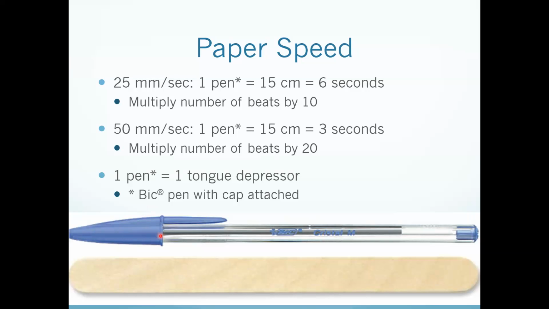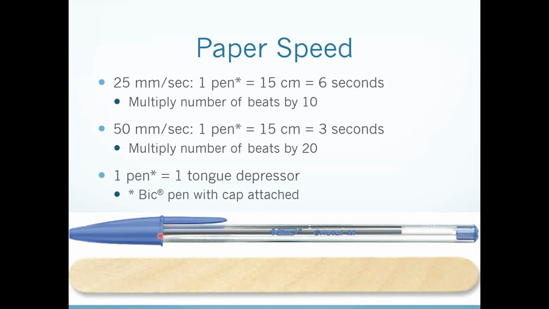That works out to being exactly 15 centimeters or 150 millimeters. At 25 millimeters per second paper speed, that 150 millimeters is the equivalent of 6 seconds. So you can simply lay your pen down on your ECG, and you know that it's covering 6 seconds, and you can count the number of complexes in that time period and multiply by 10.